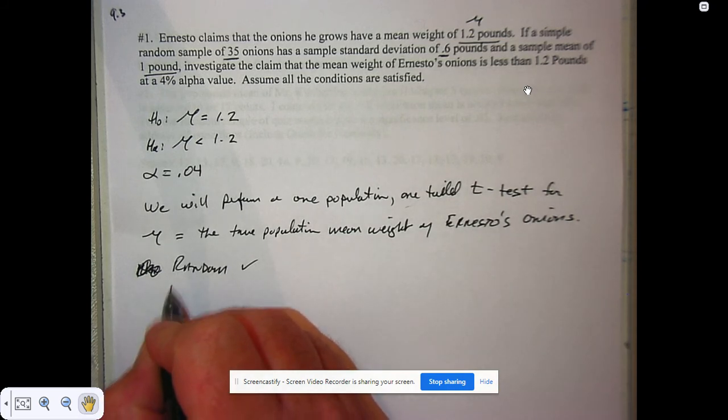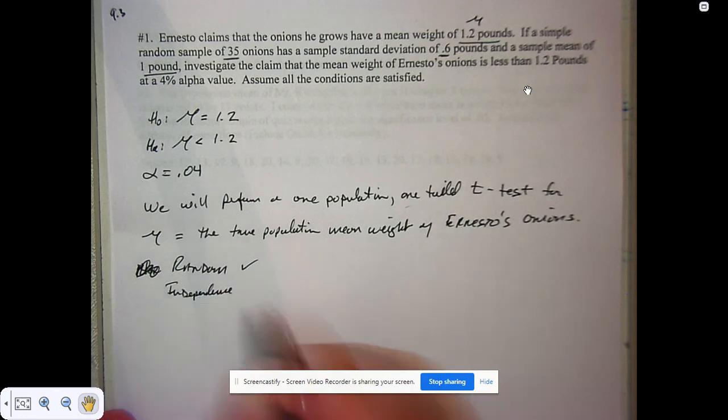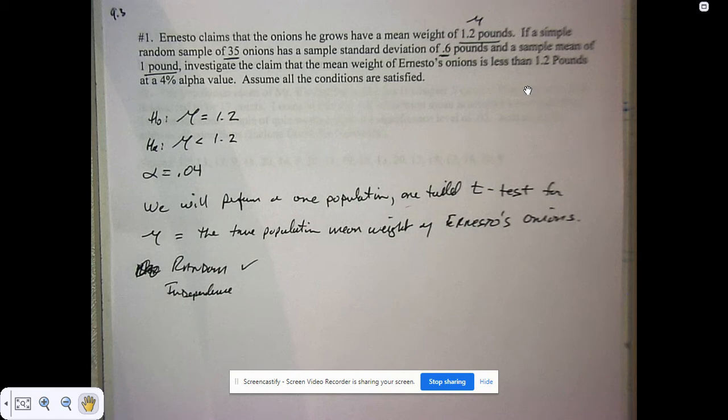Next, independence. Is the independence of sampling there? In other words, did we pick an onion out of the pack when we sampled it and weigh it and then throw it back in so it could possibly be picked again?